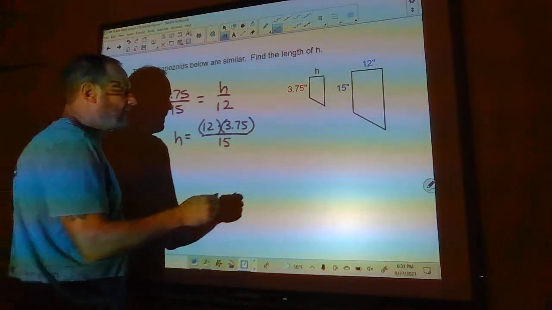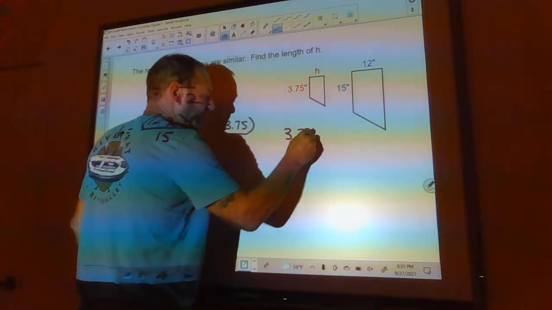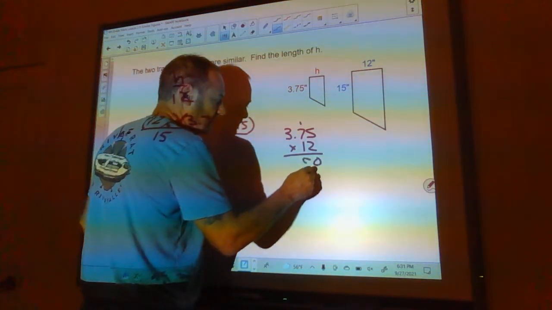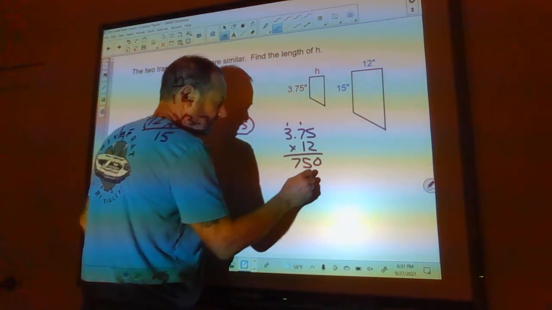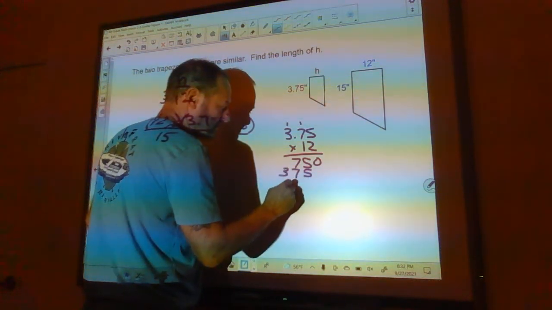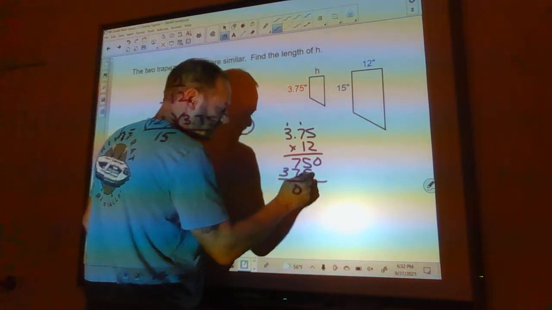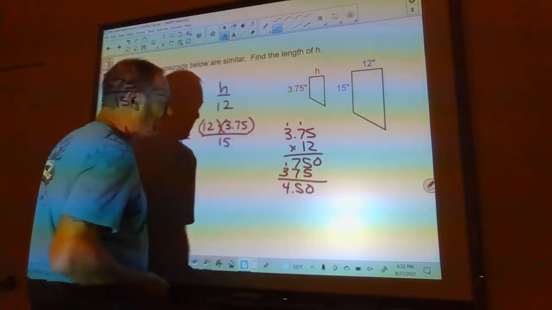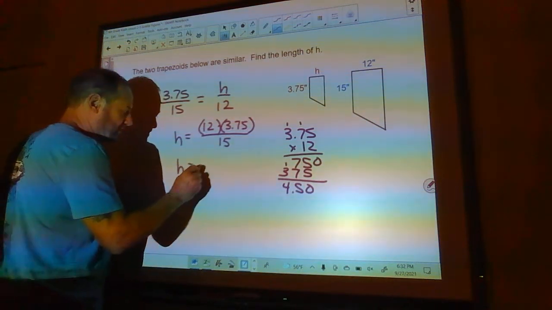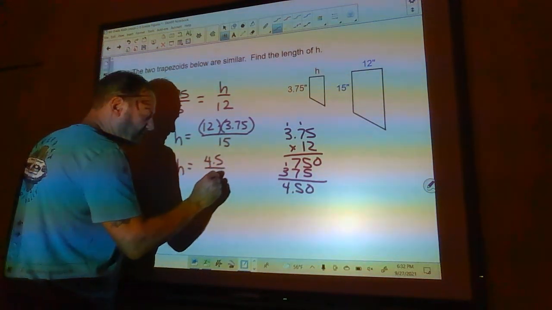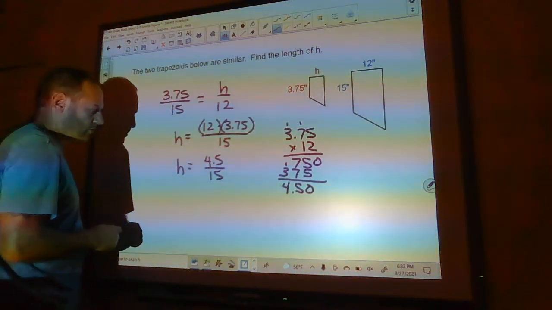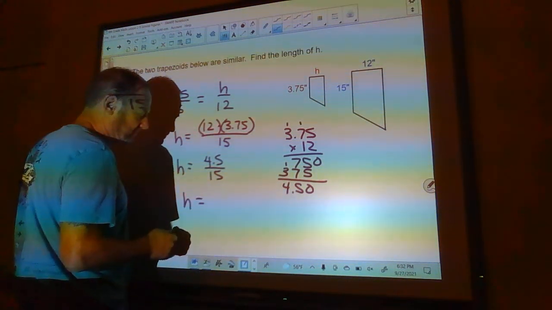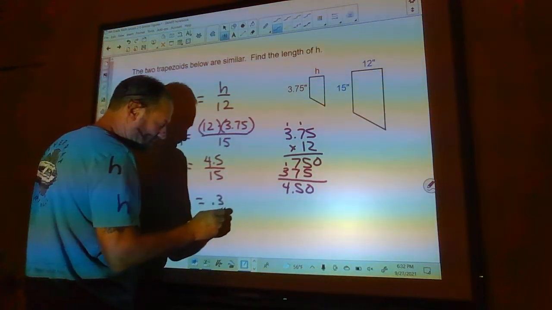And of course I don't have my calculator here, so I'm going to have to do this by hand. 3.75 times 12. So that's going to be 4.5. So h is 4.5 divided by 15, which I can do in my head because 15 will go into 45 3 times, so that'll go in there 0.3 times.